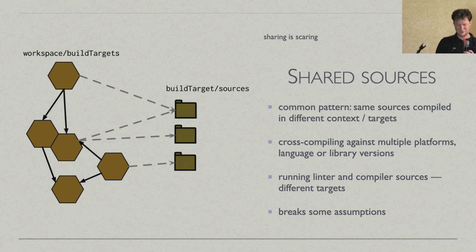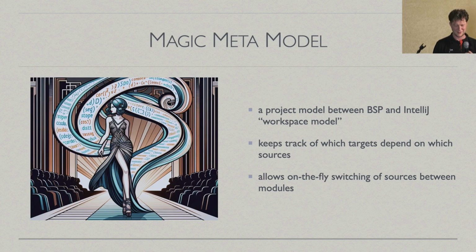Now, what do we do if we have a bunch of layers and problems mediating between these layers? Well, we add another layer. We call this the magic meta model. It's just an implementation detail of our BSP plugin.